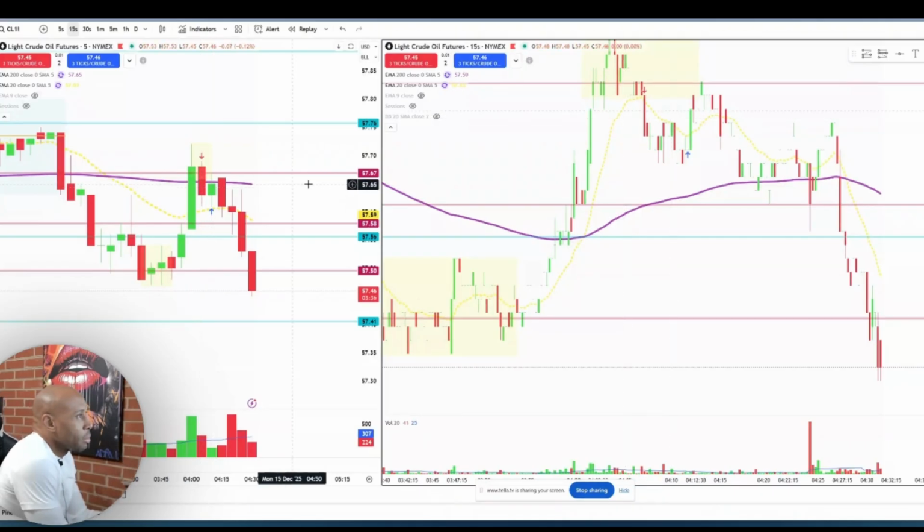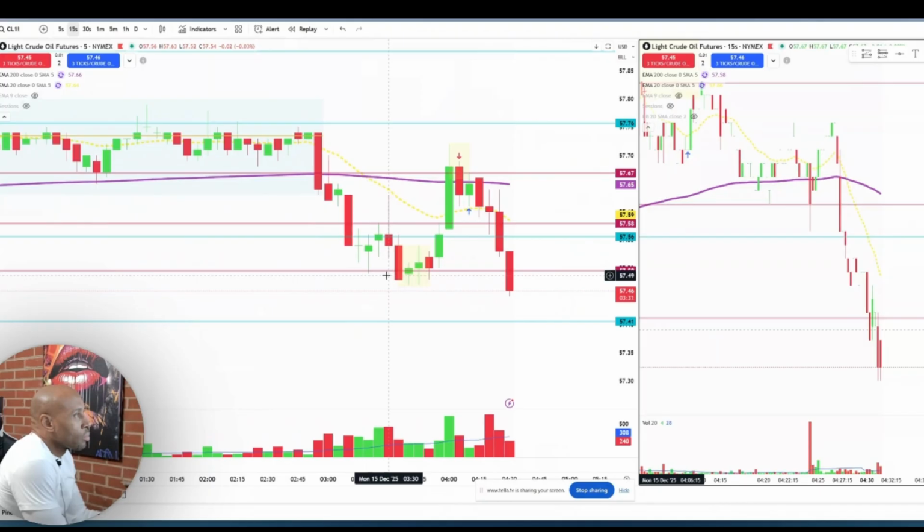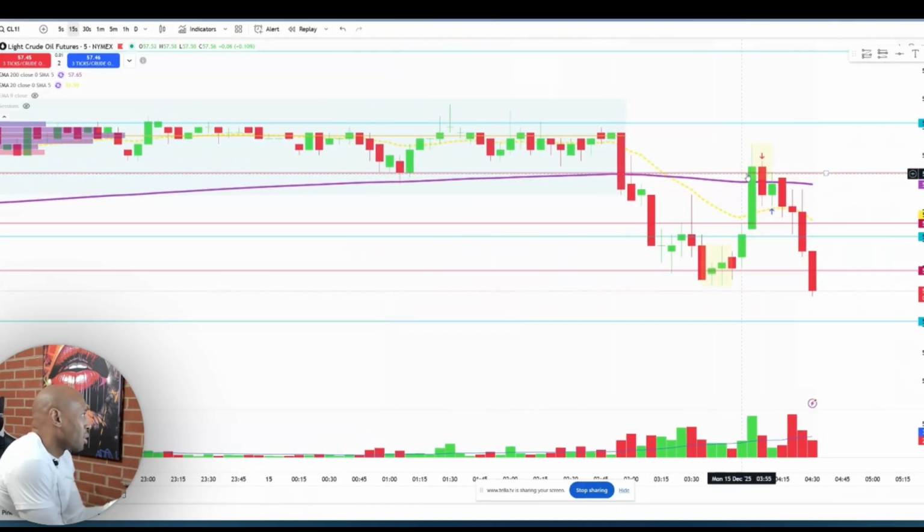Because on the 5 minute, even though it was still under the 200 EMA, not only was it broke above it a little bit, but that doesn't really mean much. A lot of times it'll find itself breaking above the 200 EMA, and that's what holds the most weight. The 200 holds more weight for the most part, depending on the location and the setup, than the 20 EMA. But overall, the 200.